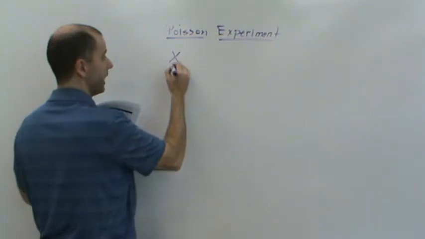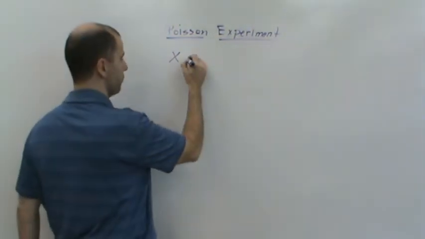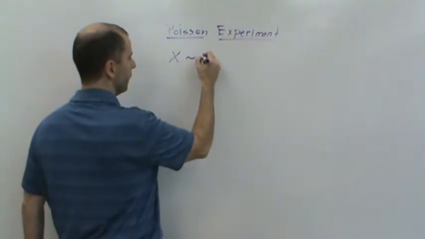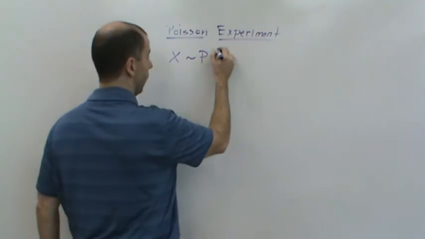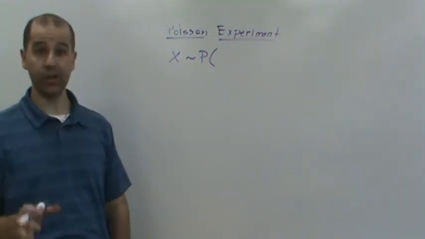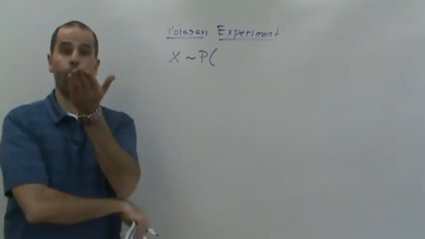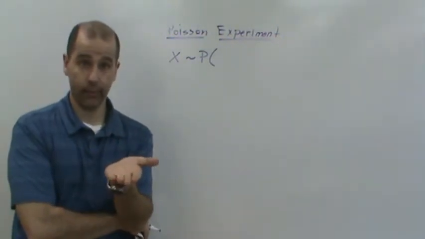We know X has a Poisson distribution, a Poisson probability distribution. So X is going to be Poisson, capital P, and it's only going to have one parameter that we need to know. Remember, what do we need to know? We need to know the average rate, right?